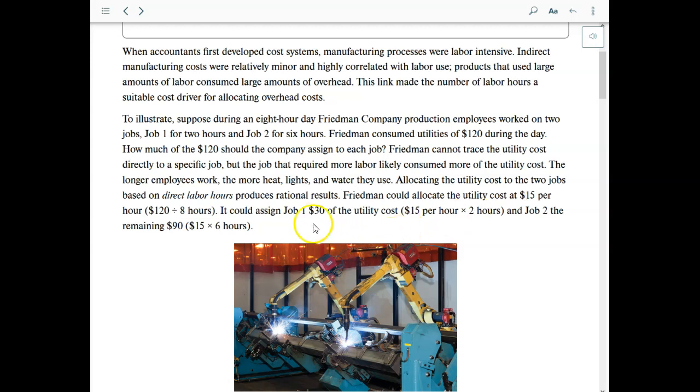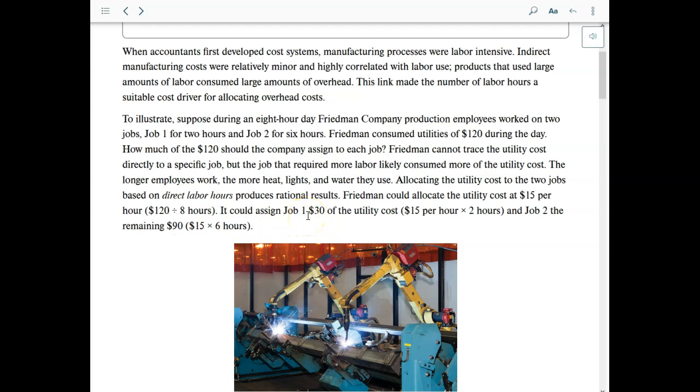That means that if job number 1 used 2 hours, we'll take 2 hours times 15 per hour, and so $30 of the $120 will be allocated to job number 1. And job number 2, it used 6 hours, 6 times 15, $90. So that's where the 120 ended up. 90 applied to job number 2, and 30 to job number 1.